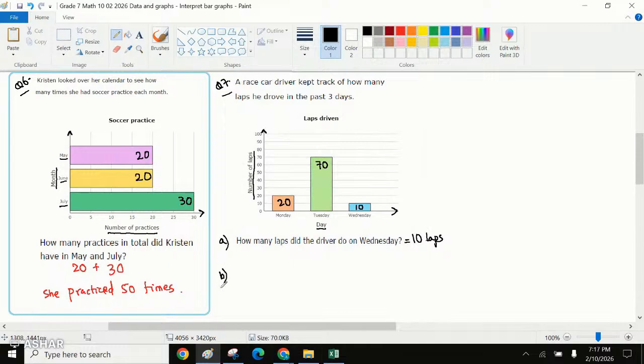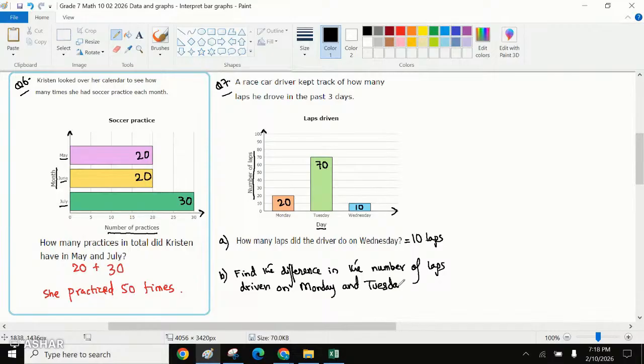Let's add another. Find the difference in the number of laps driven on Monday and Tuesday.